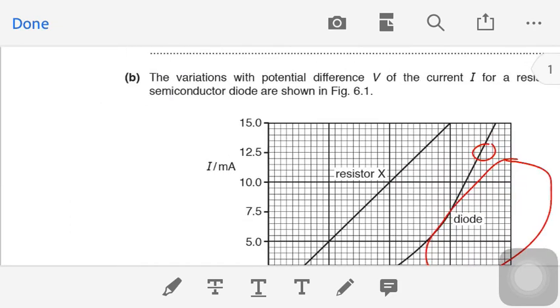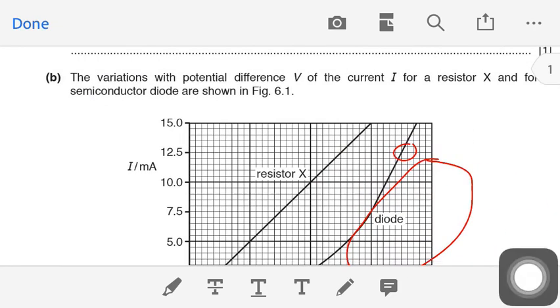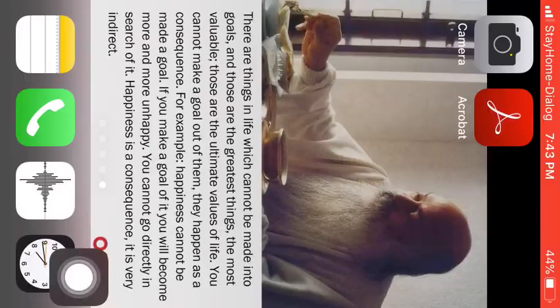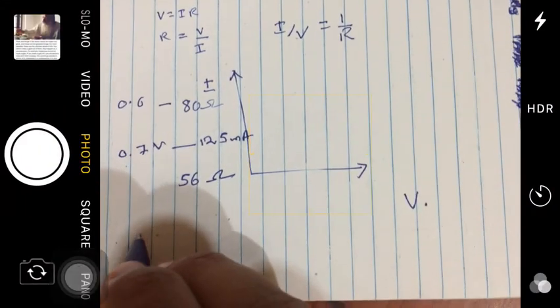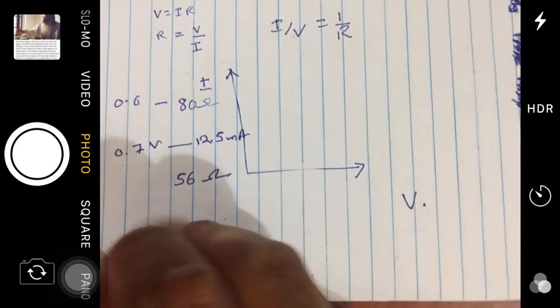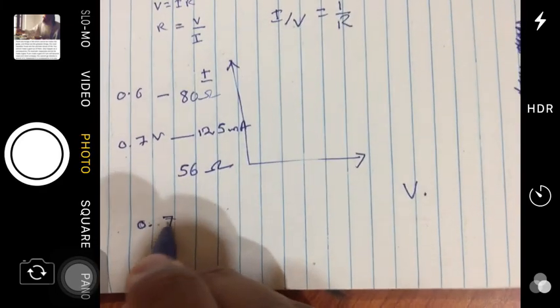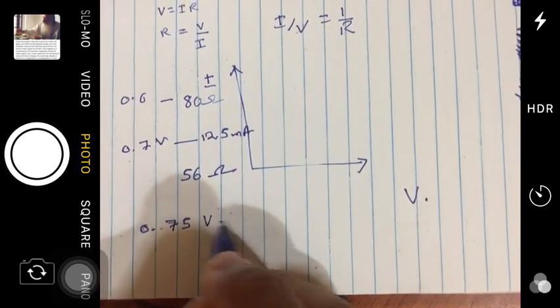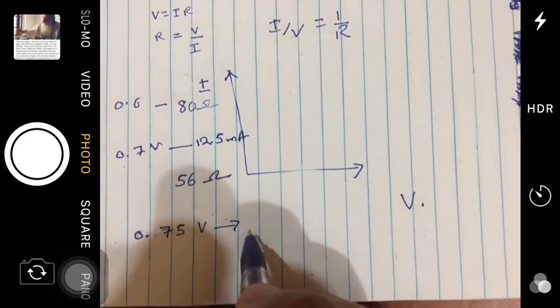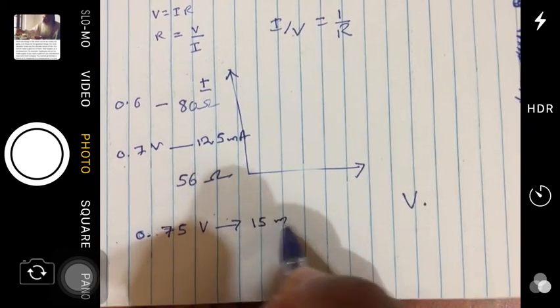So if you try to calculate the resistance at 0.75 volts, 0.75 volts corresponds to 15 milliamps.